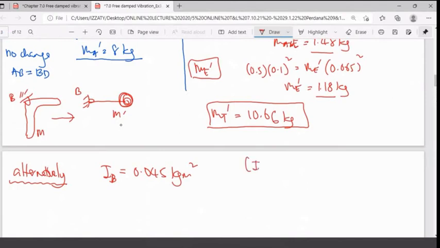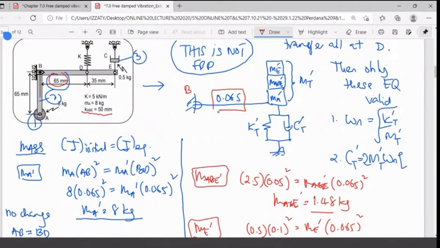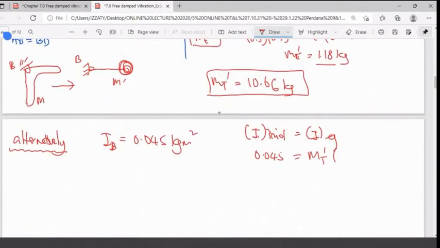So I initial is equal to I equivalent. So this I, 0.045, is equal to this I equivalent. So we have the I equivalent is basically the MT equivalent multiplied by, we move at D, so we have BD, this one is D, BD power of 2. Or perhaps the MT prime is equal to 0.045 divided by 0.065 squared. You'll be getting, inshallah, the same results.